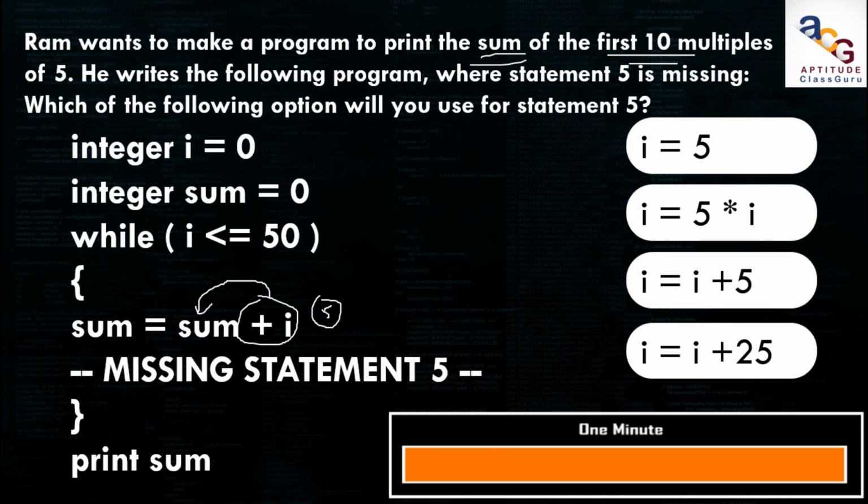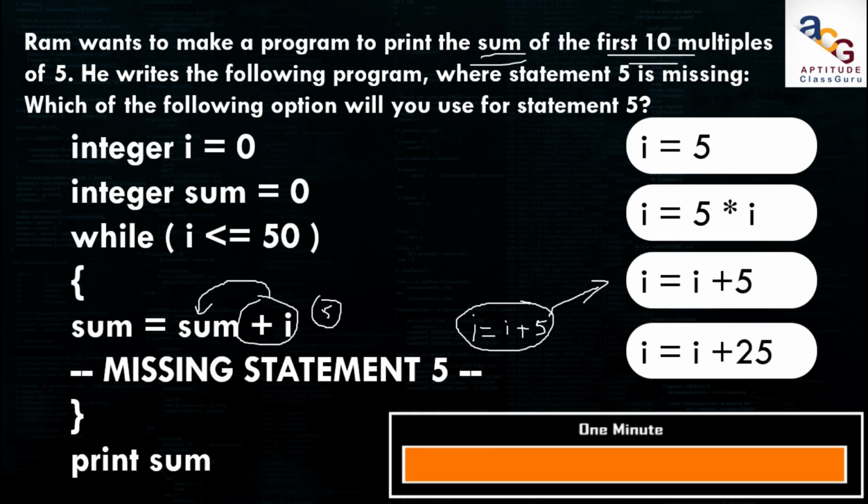I have to add 5, 10, 15, 20, 25, all these numbers, which is nothing but 5 into 1, 5 into 2, 5 into 3, 5 into 4. Continuously I have to change the I value from 5 to 10, 10 to 15, 15 to 20, such that in order to make it possible, the I value must be incremented by 5 every time. So this operation will definitely give you the exact answer.